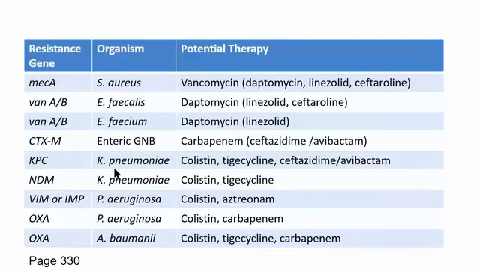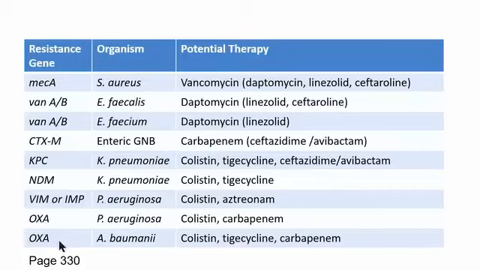KPC would denote carbapenem resistance, and here are some of the potential therapies. NDM is a New Delhi metallo-beta-lactamase. It's essentially a carbapenemase also, but it's different from KPC. Ceftaz-avi actually doesn't cover NDM, but does cover KPC. VIM and IMP also denote carbapenem resistance, but it's restricted only to Pseudomonas.